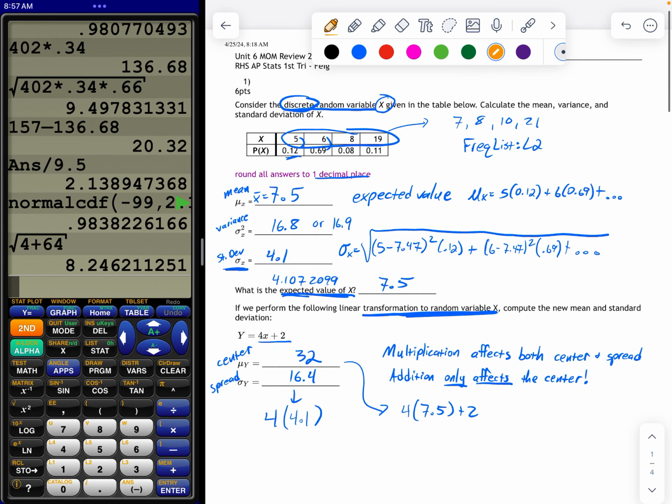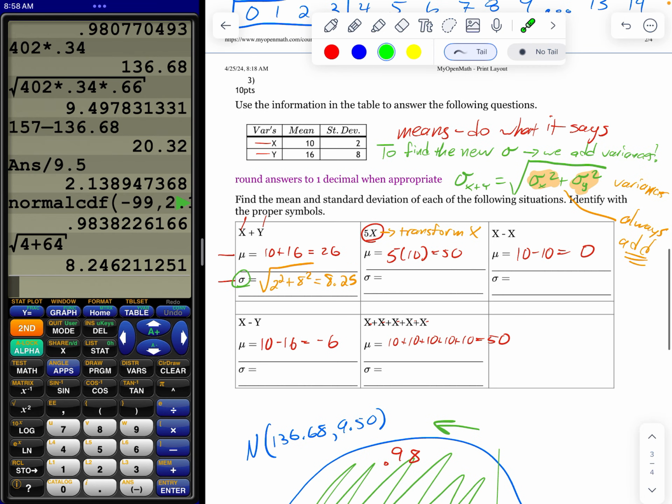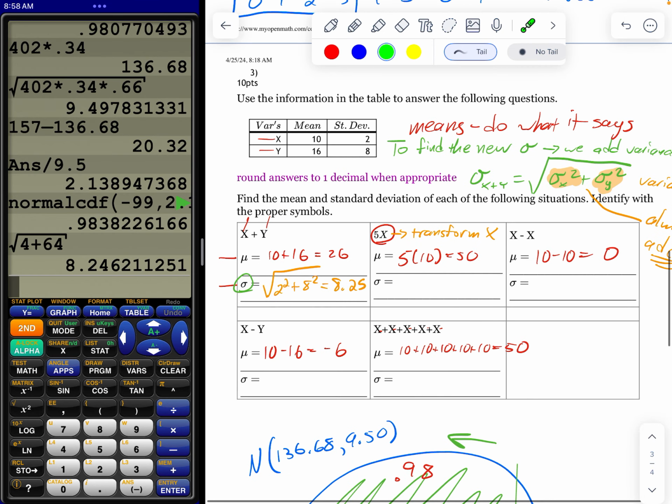Remember this one? When I said I have my x's, I'm just going to multiply them all by 4. That took the standard deviation and multiplied it by 4. So this is a really, really subtle one that you can fall for if you're not careful. So this one, all you do is 5 times 2, so it's 10.